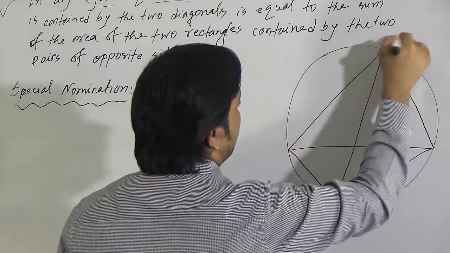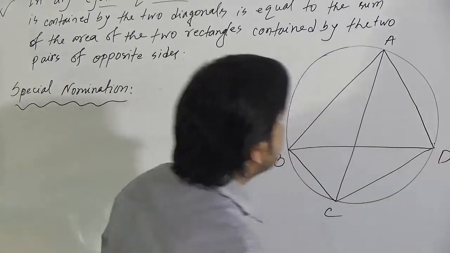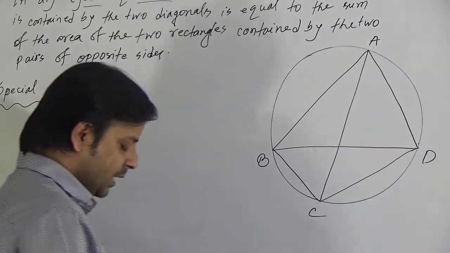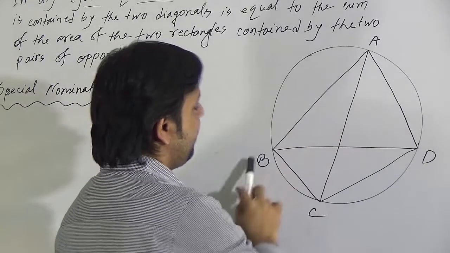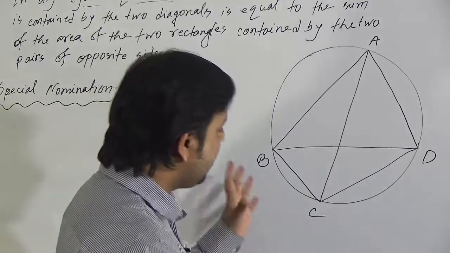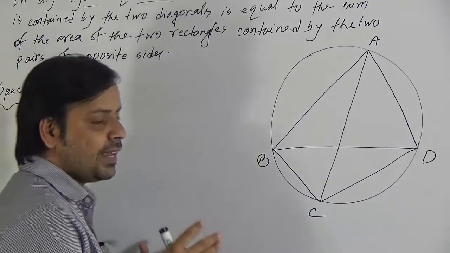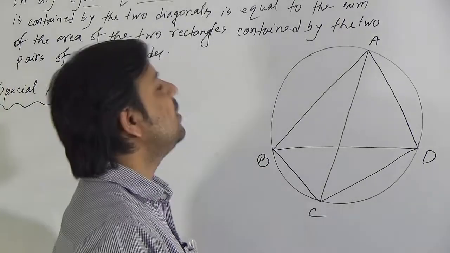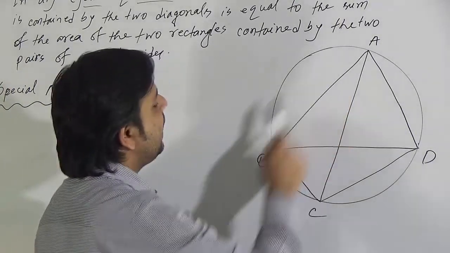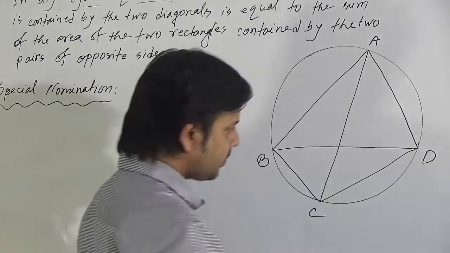Suppose ABCD is a cyclic quadrilateral. Cyclic quadrilateral means the quadrilateral is inscribed in the circle.